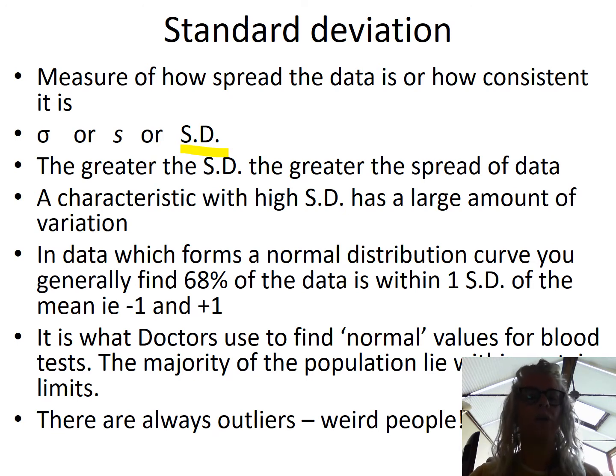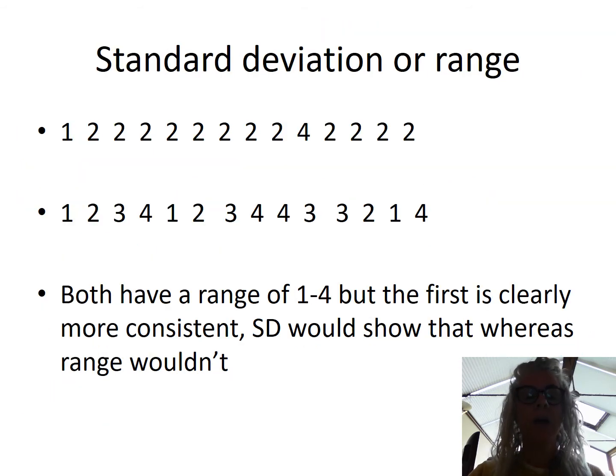Everybody has their own normal, which is one of the problems with doctors' blood tests. You have to go with the majority, but sometimes if you have an underlying condition, that's where they monitor you over a long time, because they work out what your normal is. Anyway, I digress.